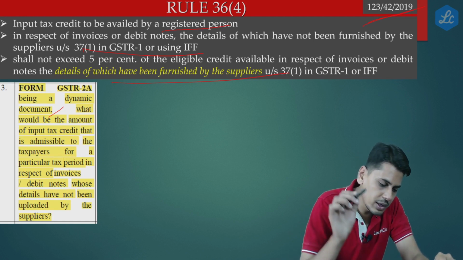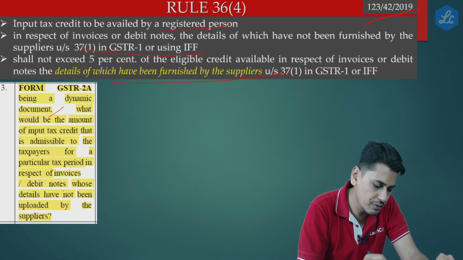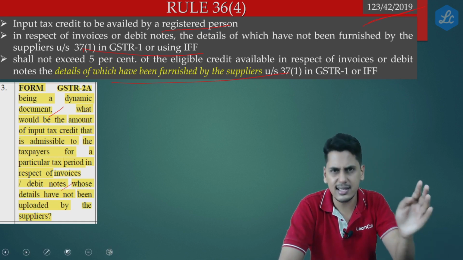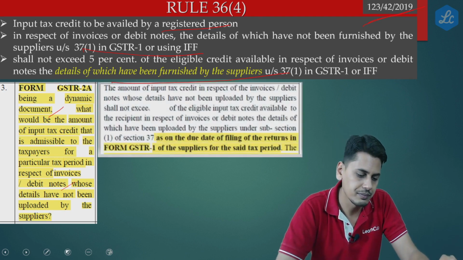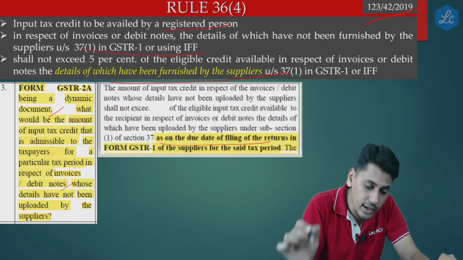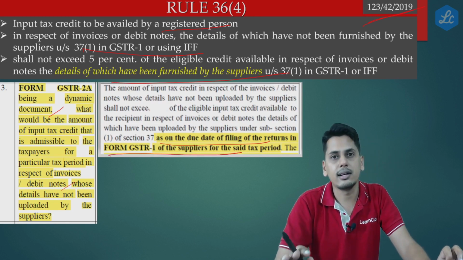What would be the amount of input tax credit that is admissible to a taxpayer for a particular tax period in respect of invoices or debit notes whose details have not been uploaded by the suppliers? So it is asking what should be the cutoff date which should be taken. It tells you, as on the due date of filing of returns of form GSTR-1 of the suppliers for the said tax period.